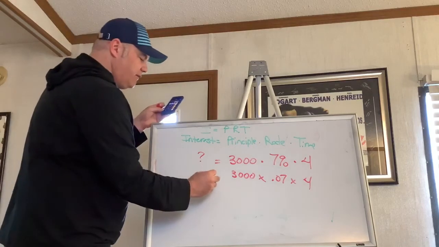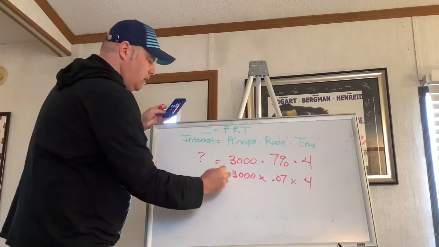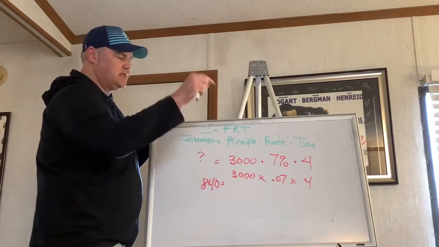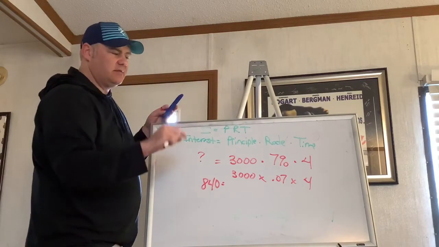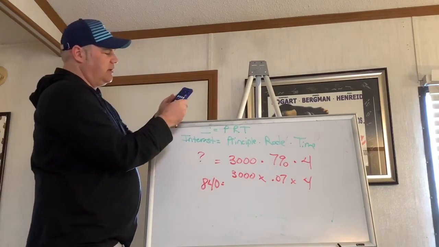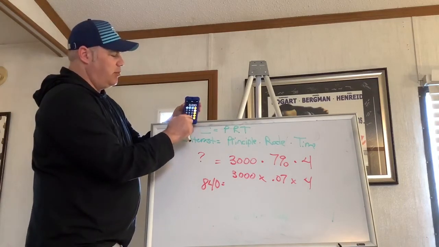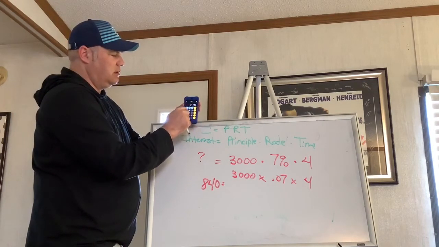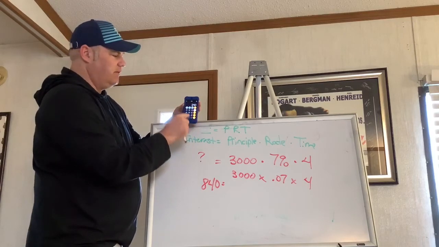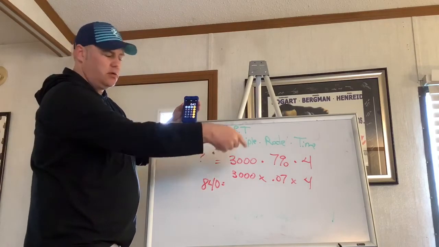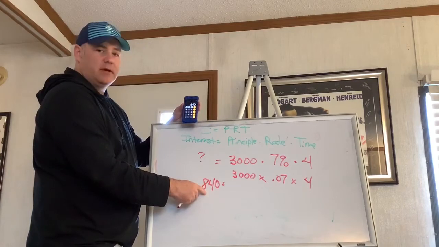Okay, and I get 840. So you're going to put 3,000 times 0.07 times 4. Just leave that in there. I'll show you what I did. I did 3,000 times 0.07 times 4. It comes out to $840.